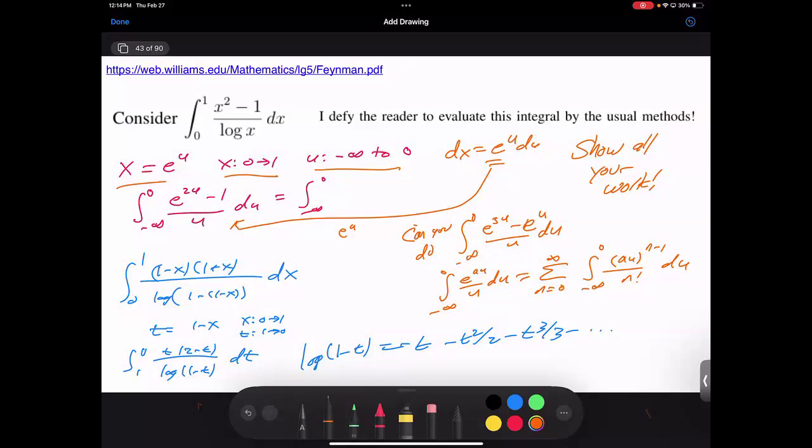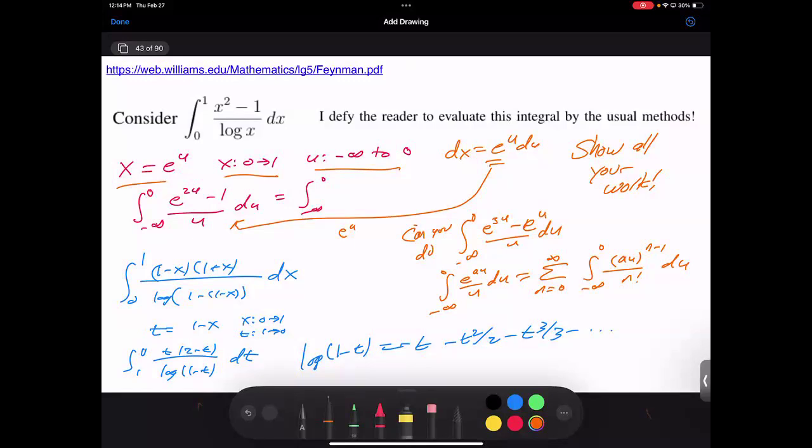What's the problem with this? Yeah, but I've got Cookie Monster here today, and he's giving me permission. So, am I allowed to interchange the integral and the sum?